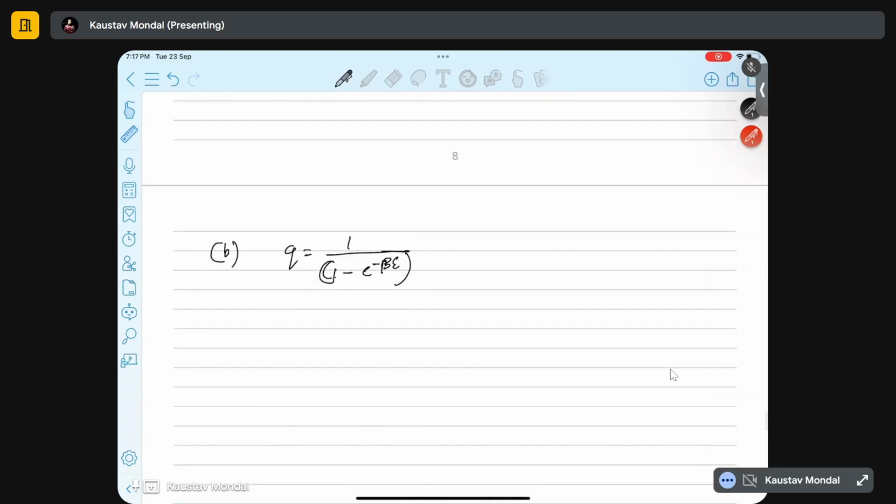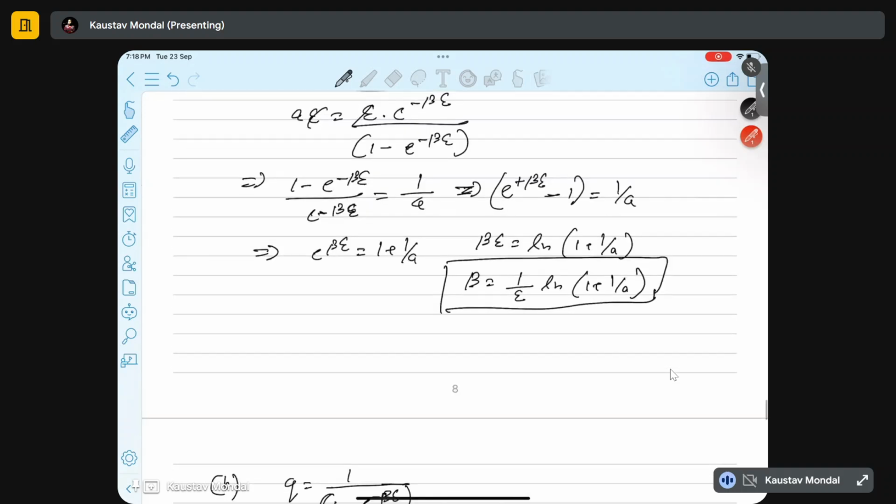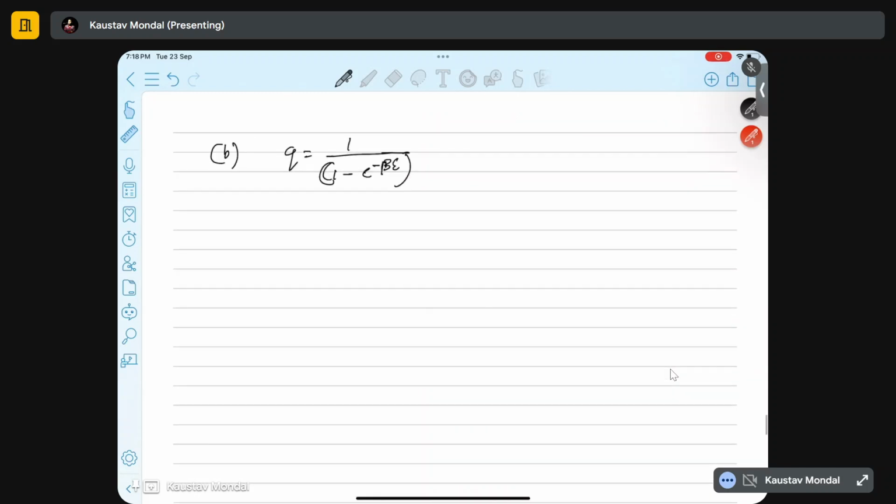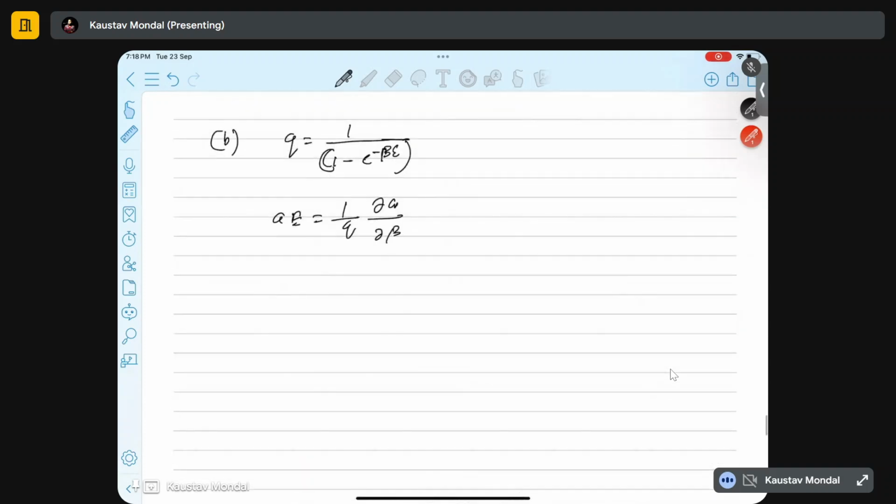Now from here, what we can do is use that the mean energy is A. We have taken A equal to minus 1 by Q del Q by del beta at constant volume.